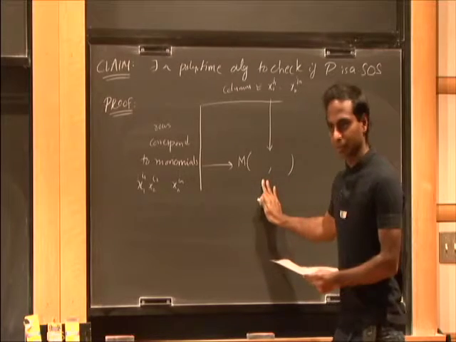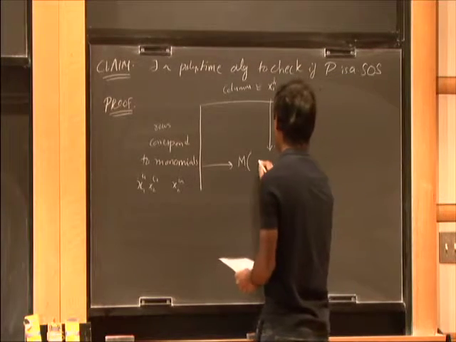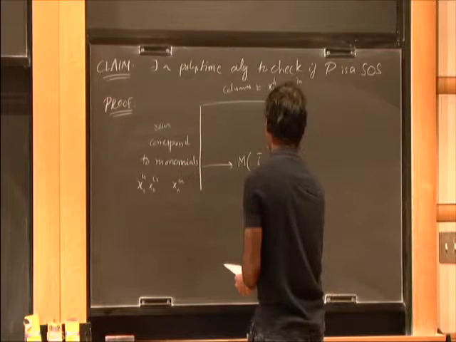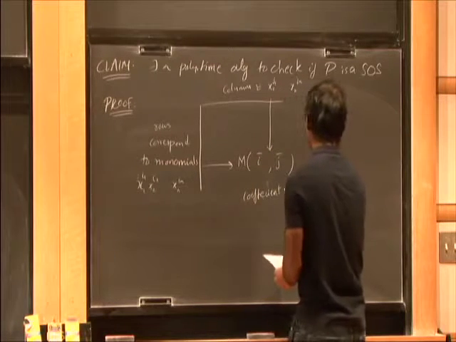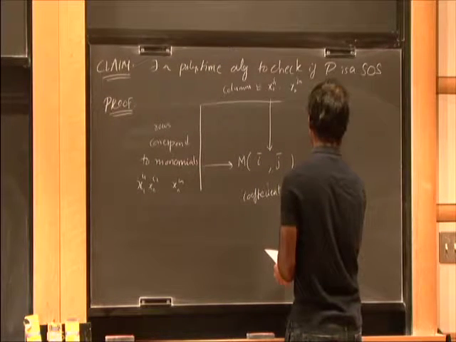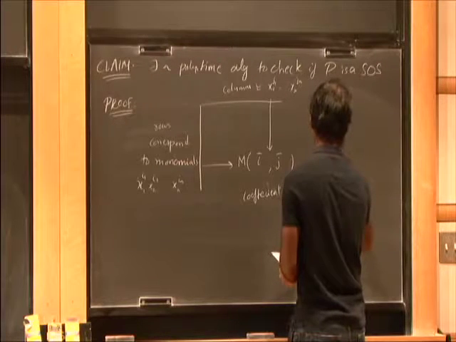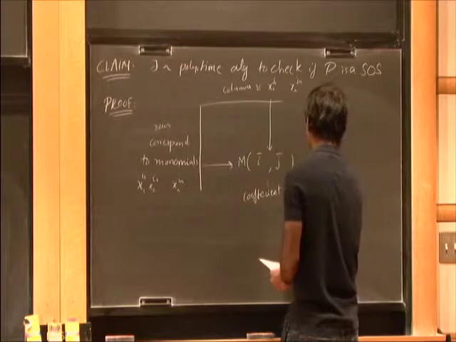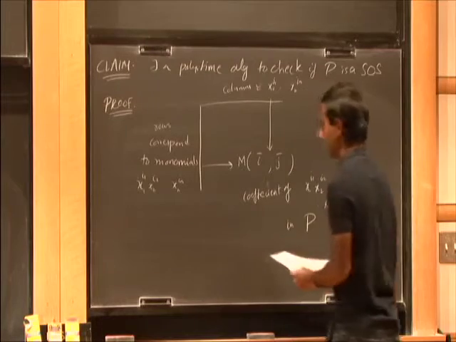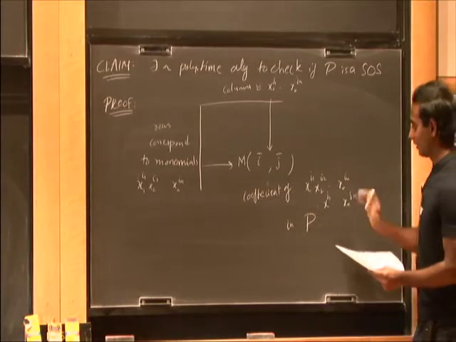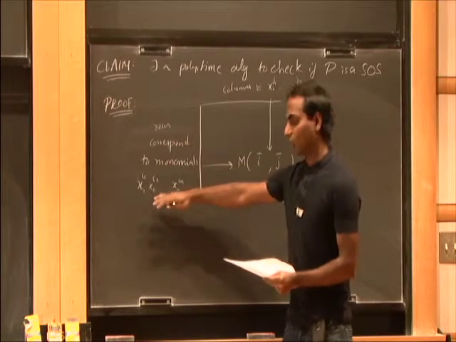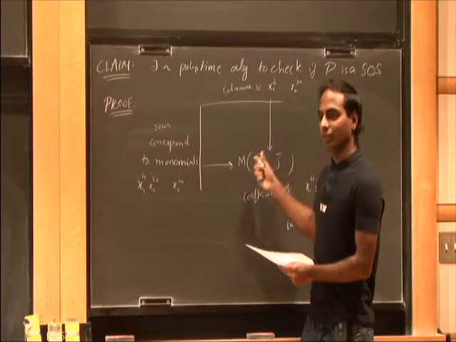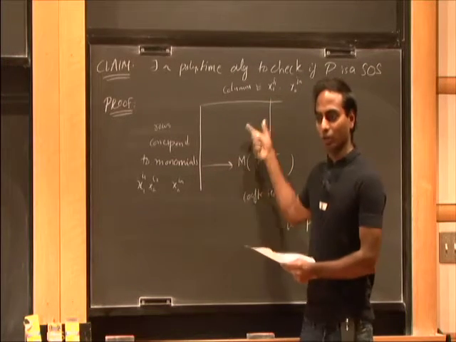The entry M of i, j will just be the coefficient of the product monomial in P. So I'll read it again. The rows are indexed by monomials, the columns are indexed by monomials, and the ij-th entry will be the coefficient of the product monomial in P.